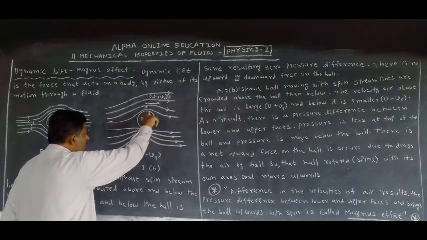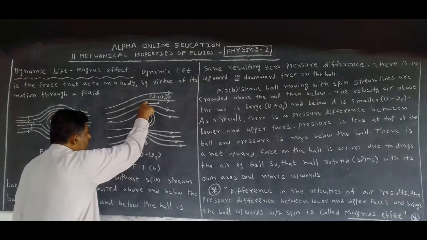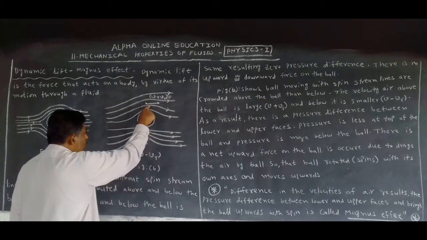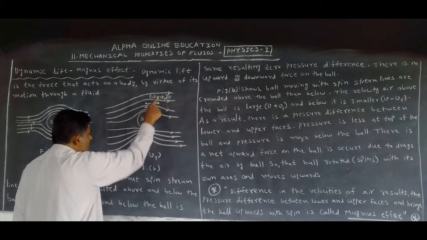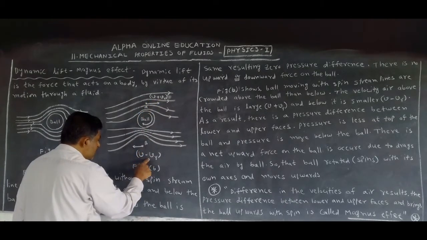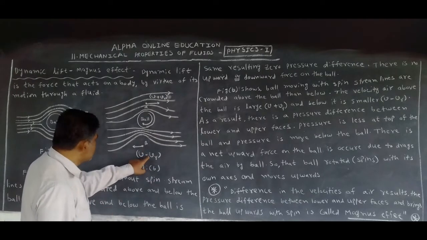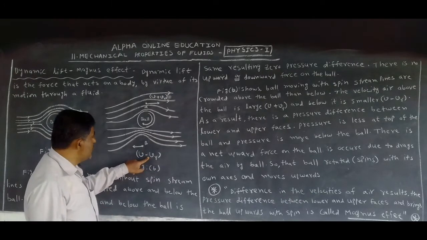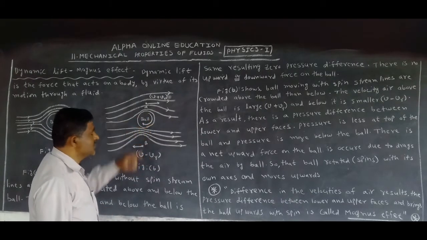Now figure 2. Here the ball rotates, meaning it spins. Above the ball and below the ball, we take two points, A and B. Above the ball, the velocity becomes V plus VR, and below the ball, the velocity becomes V minus VR. What is VR? VR means rotating velocity.